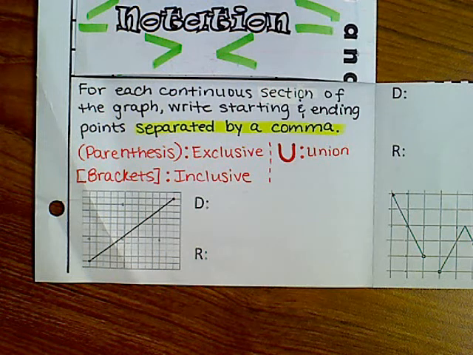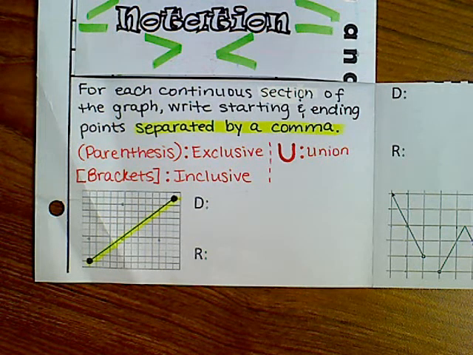So let's begin with our first example, and I'm going to make that a little bigger so we can ensure that we can see everything. Again, we're going to be working with our domain first, and we read our domain left to right. So let's begin on the left-hand side of this yellow relation, and that seems to have a solid dot at negative 5.